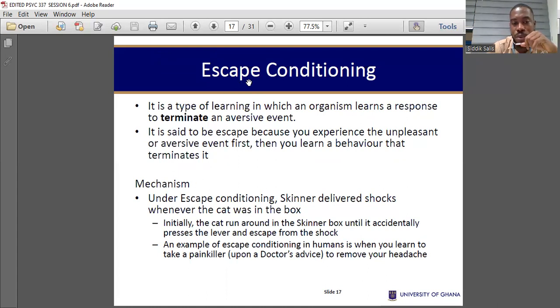It's like running away from a condition, but then you are conditioned in a way that you remember. Operant conditioning is about, if I do this and there's a positive outcome, I'll continue to do it. If there's a negative or painful outcome, I'll not do it again, or I'll be careful when doing it the next time, right?